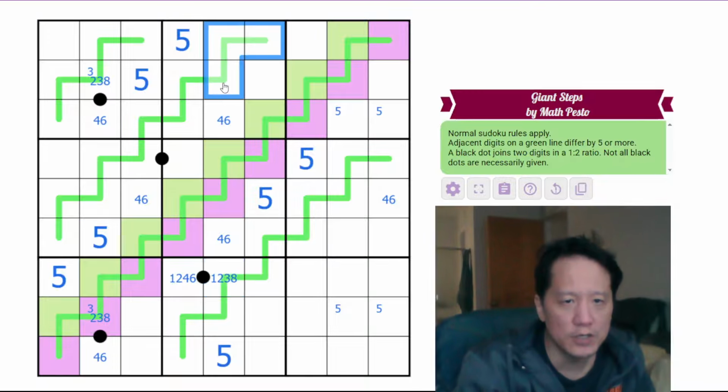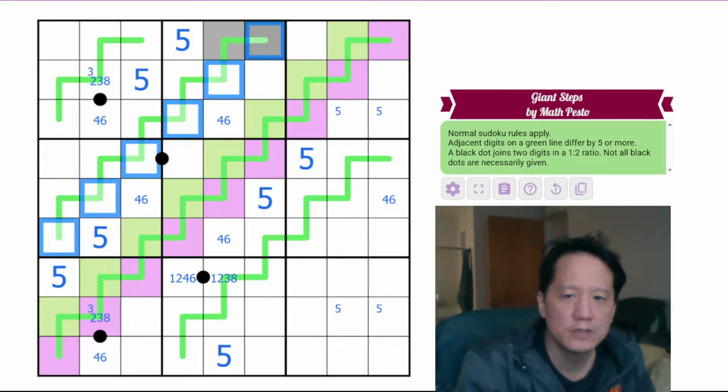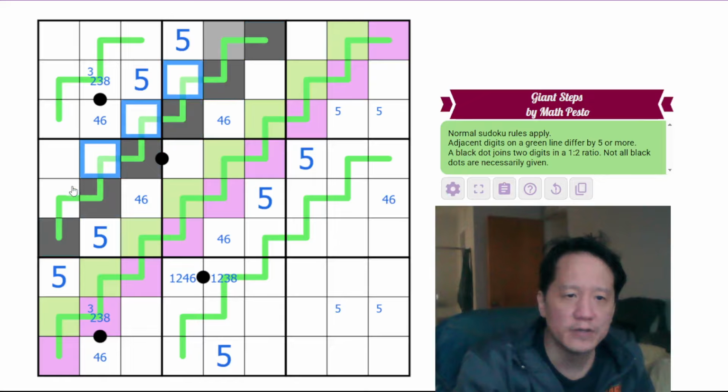We can choose other sets here. So I'll choose dark and medium here. So then these are all dark. And these are all medium.